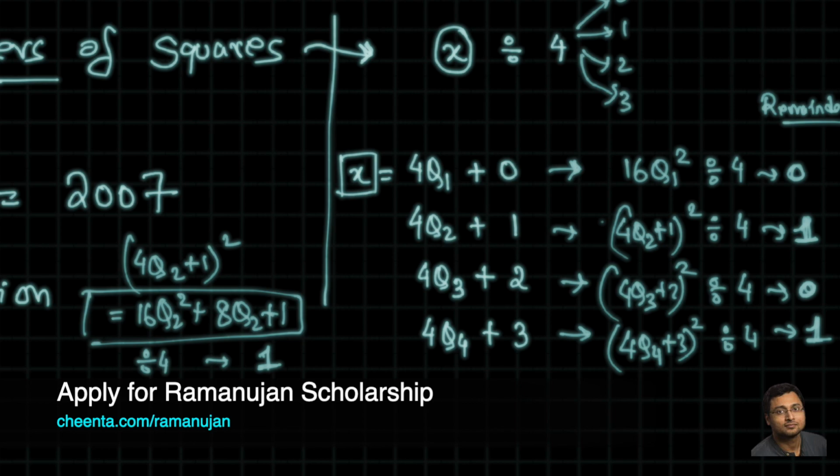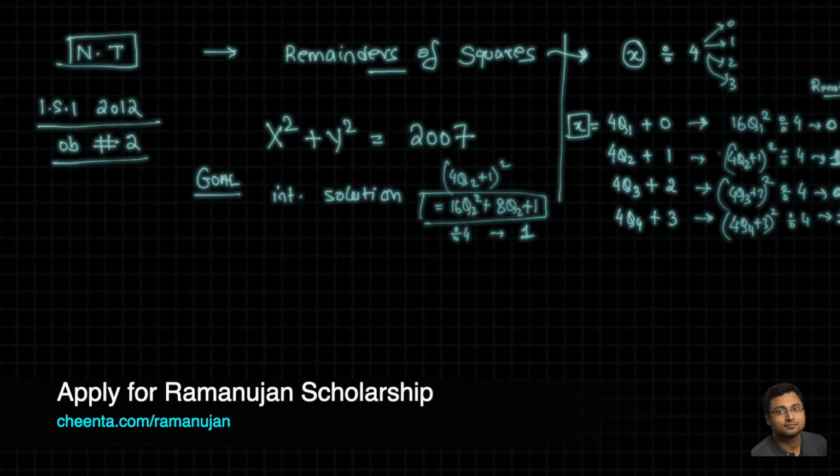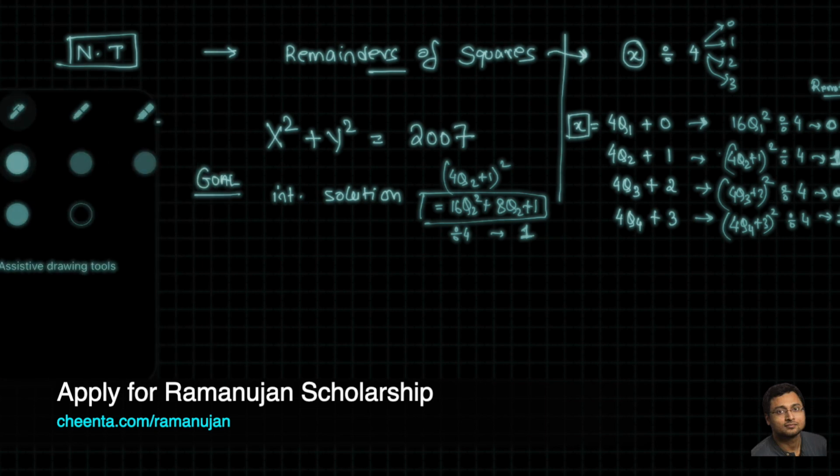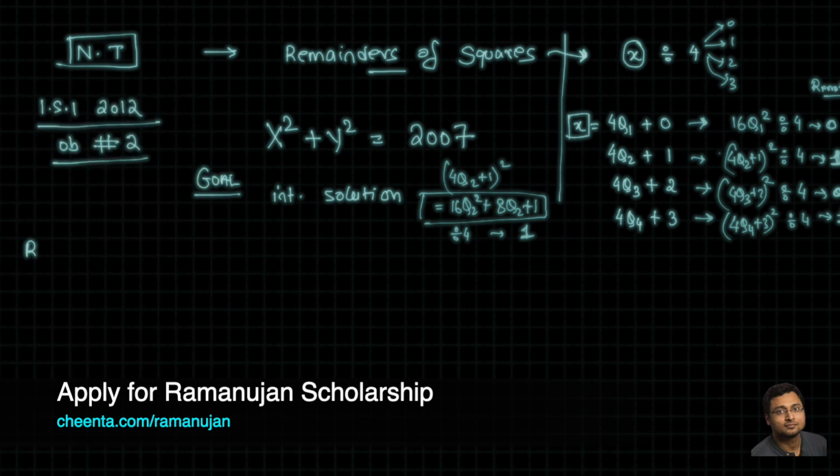So something very interesting happens here: if you divide a square number by 4, the remainder becomes either 0 or 1. So that's the result that we are going to use. So I'll write the result here. You can do this with 7 and other numbers. You can change the divisor and check what happens to square numbers.